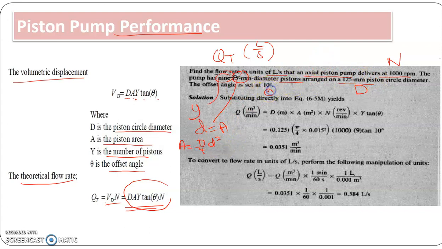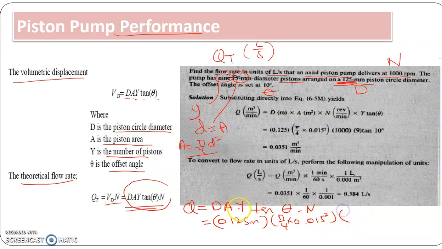The axis angle theta is 10 degrees. So to find Qt, Qt equals D times A times Y times tan theta times N. That is 0.125 meter times pi over 4 times 0.015 squared, times Y, the number of cylinders, 9, times tan 10 degrees, times N, 1000 revolutions per minute.